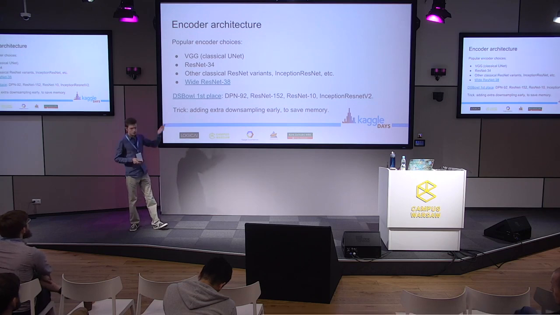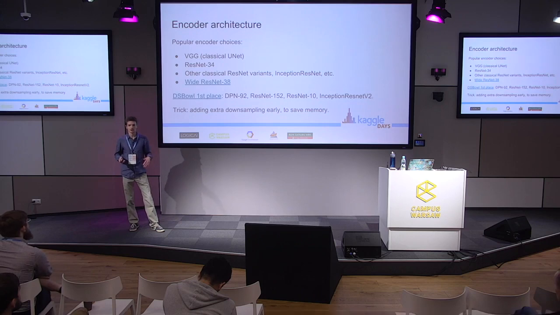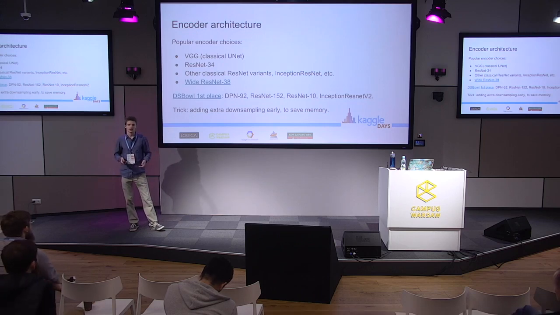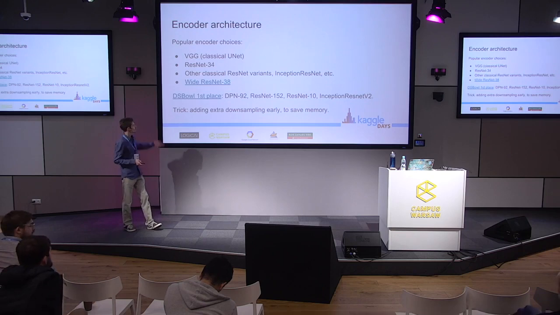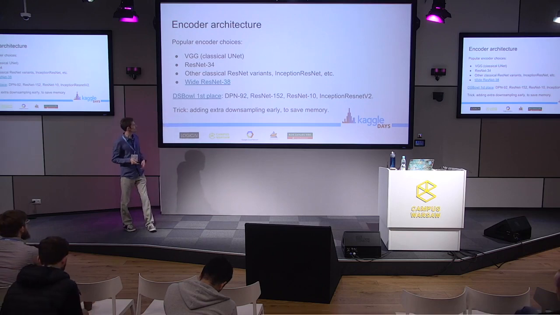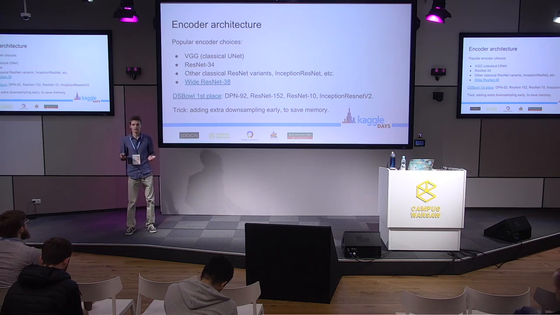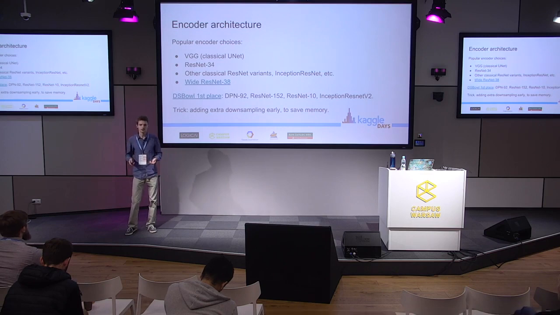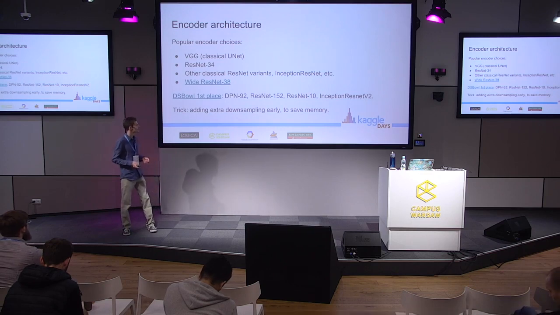Also, basically any architecture from image classification can be used as an encoder for the UNet-like network. For example, the DS Bowl winners used really deep networks despite the small size of the data and relatively simple data, but they still found out that really large encoders are needed here.